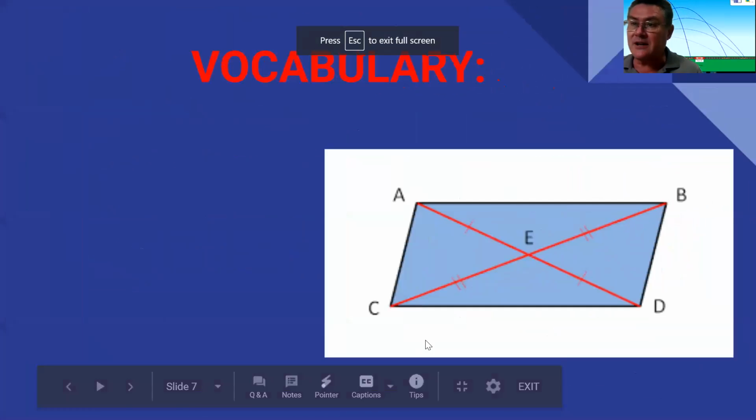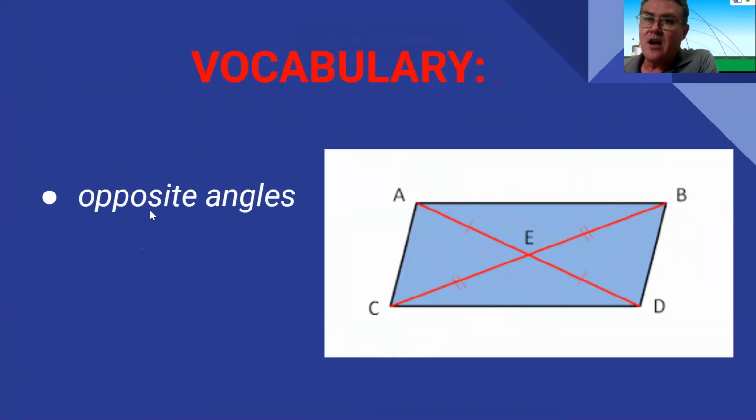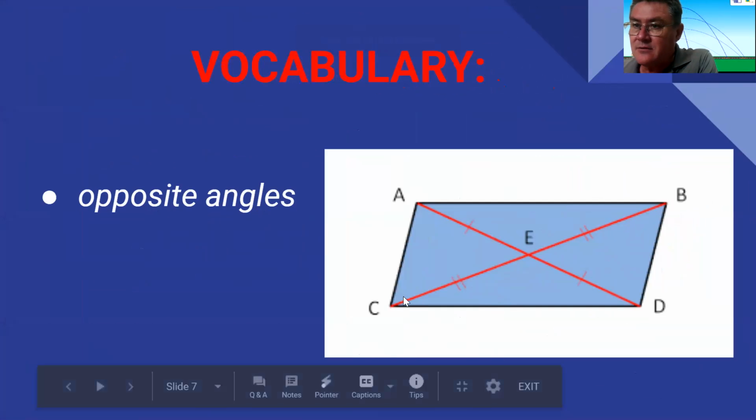We've got our parallelogram, and it looks something like that. Have your parallelogram in front of you, and then we are going to learn some new vocabulary. The first word is opposite angles. Now we know what's an angle. We've got angle ACD, and we know what opposite is.